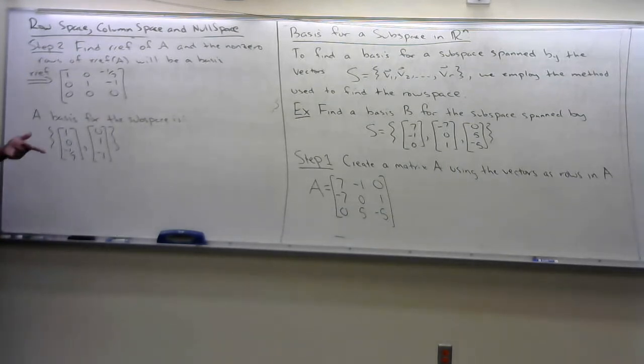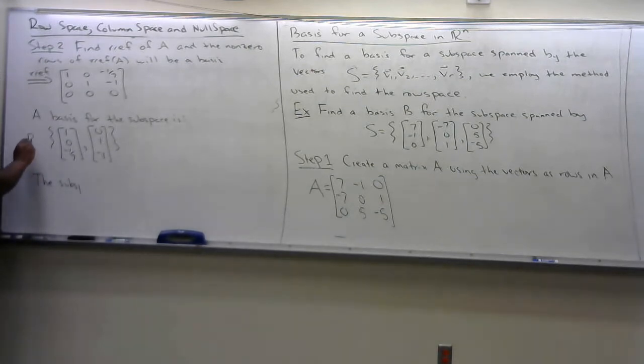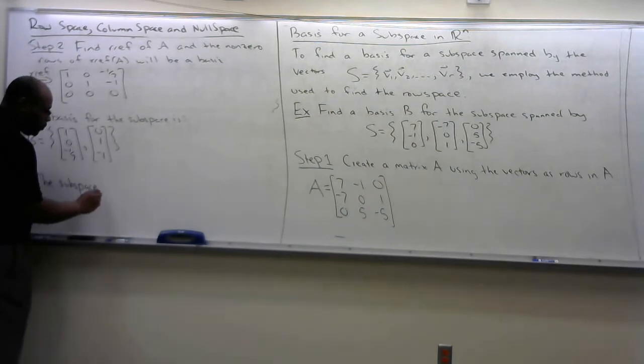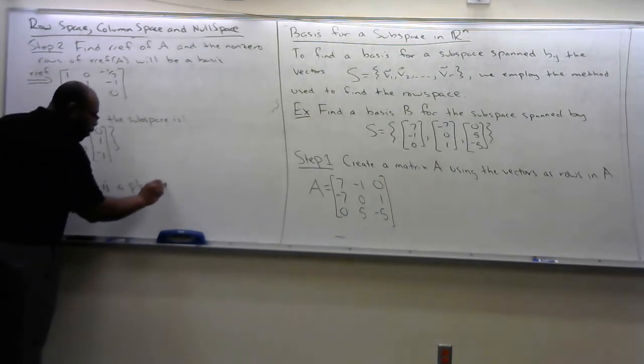Guess what? So what would be the geometric shape of this particular subspace? The subspace is going to be a what? It's going to be a plane. I'll call this guy B. It's a plane in R3.